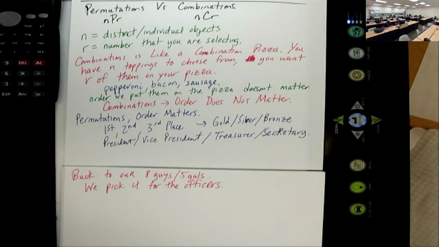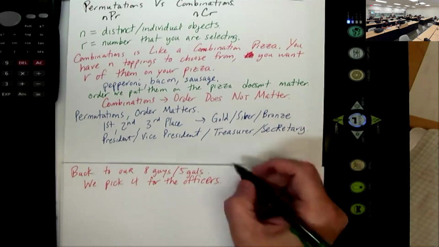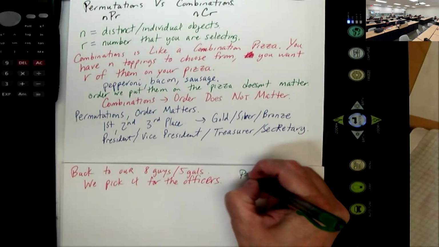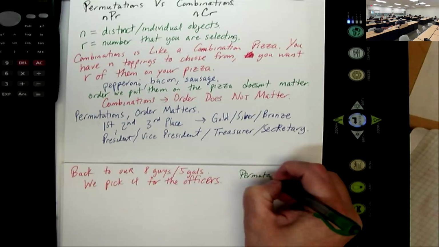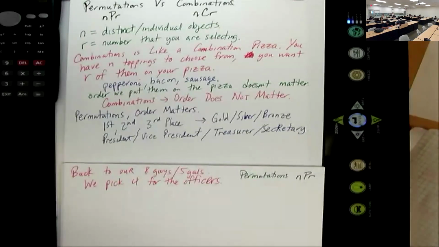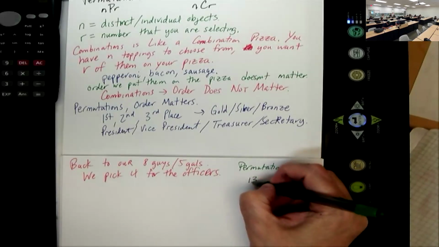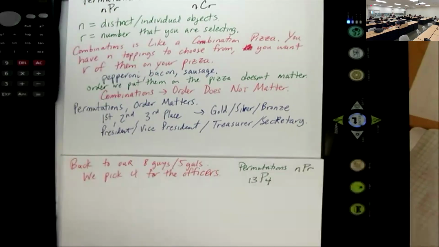The vice president can't be the president, because that would be 2 roles. This is the permutations, or order matters. It's the NPR key. And there are 13 people to choose from, and we're picking 4.